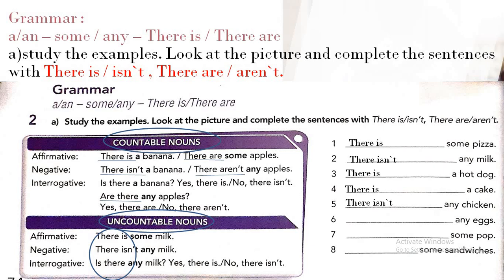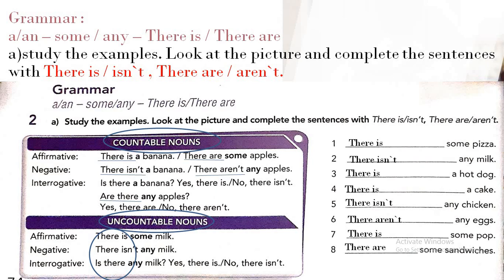There isn't any chicken. 6. There aren't any eggs. 7. There is some pop. 8. There are some sandwiches. Well done, my students. Make sure you write down the answers in your student's book.